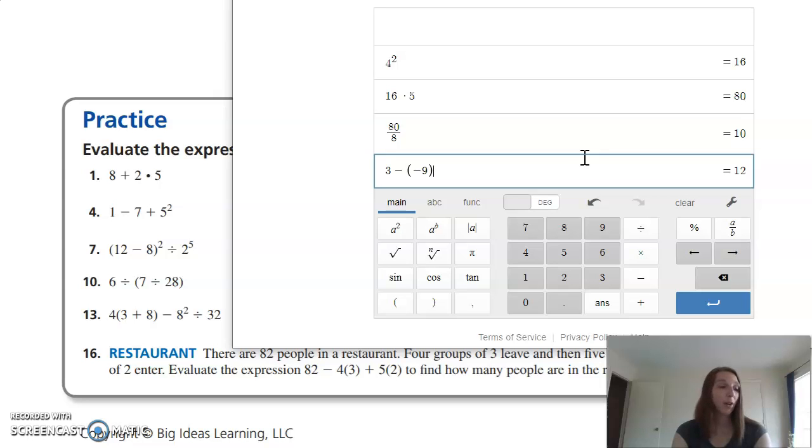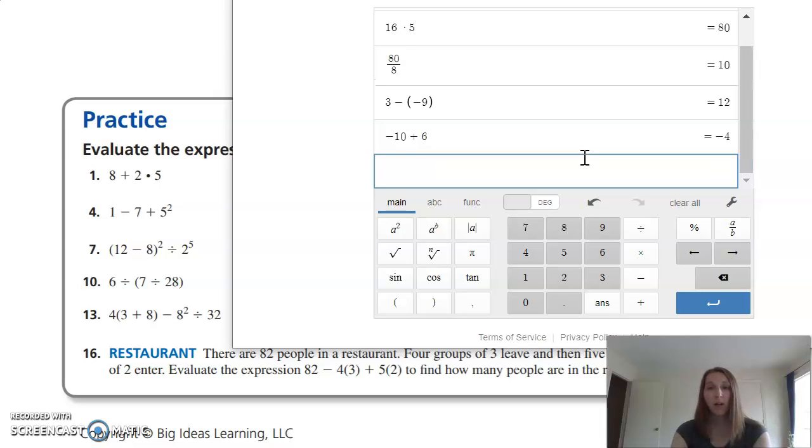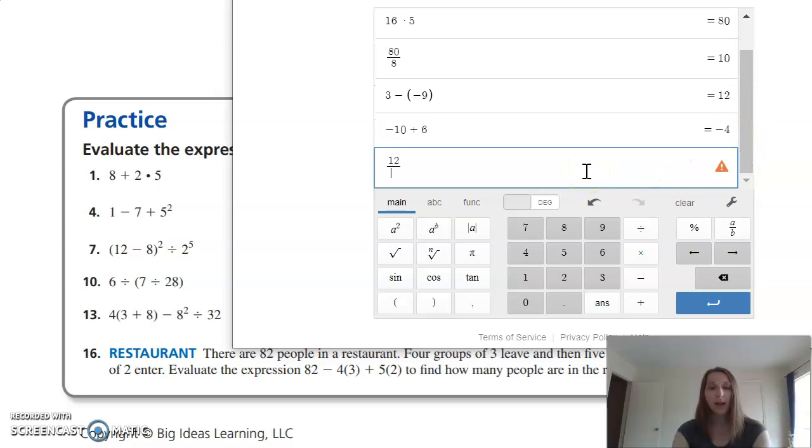Okay, so now we have 12 for the numerator. The denominator is -10 plus 6. -10 plus 6 is -4. So now I'm going to take these two numbers and divide. 12 divided by -4 equals -3. Okay, that's number 5.